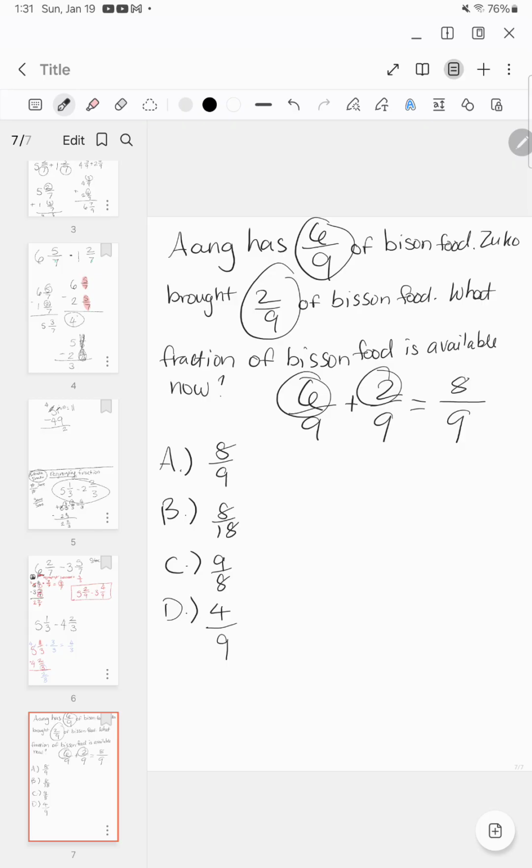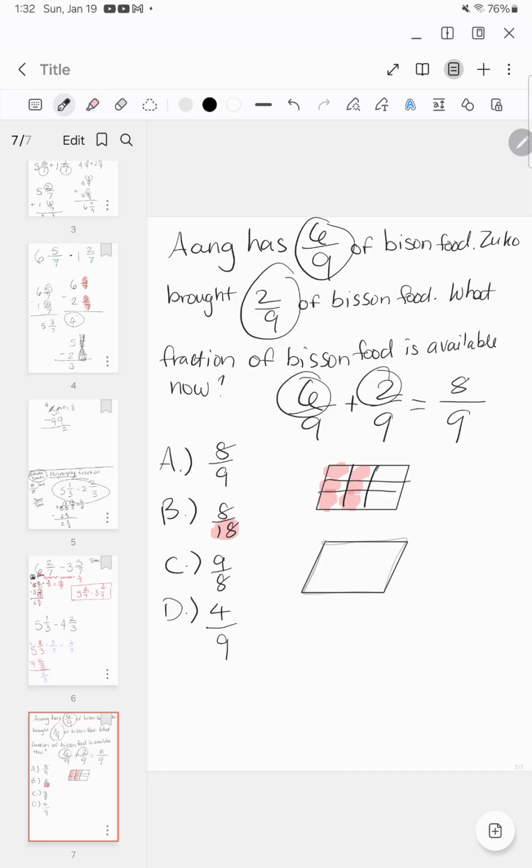Now, the test will try to trick students. They'll try to make them think that they're adding everything. And again, you're not adding the denominator like that. What you're doing here is, Aang had 1, 2, 3, 4, 5, 6. Right?